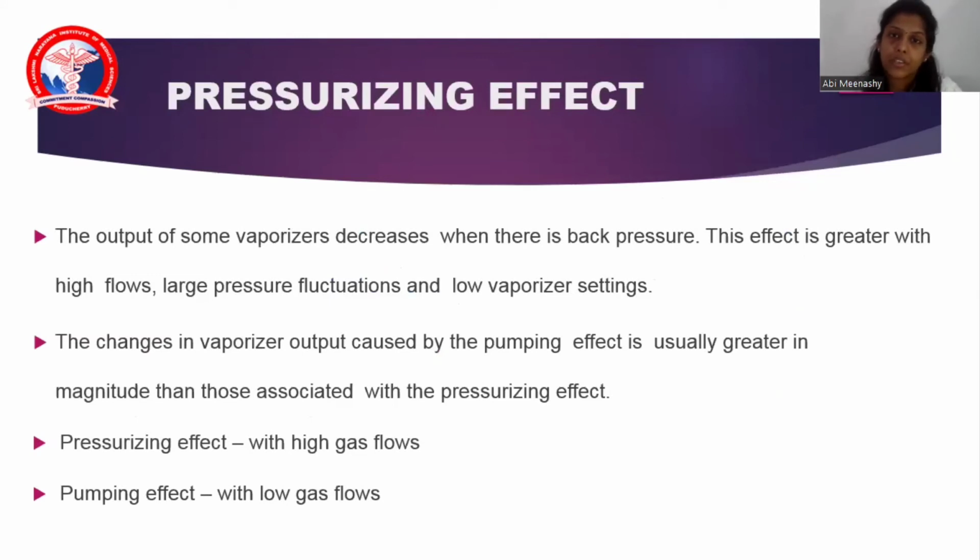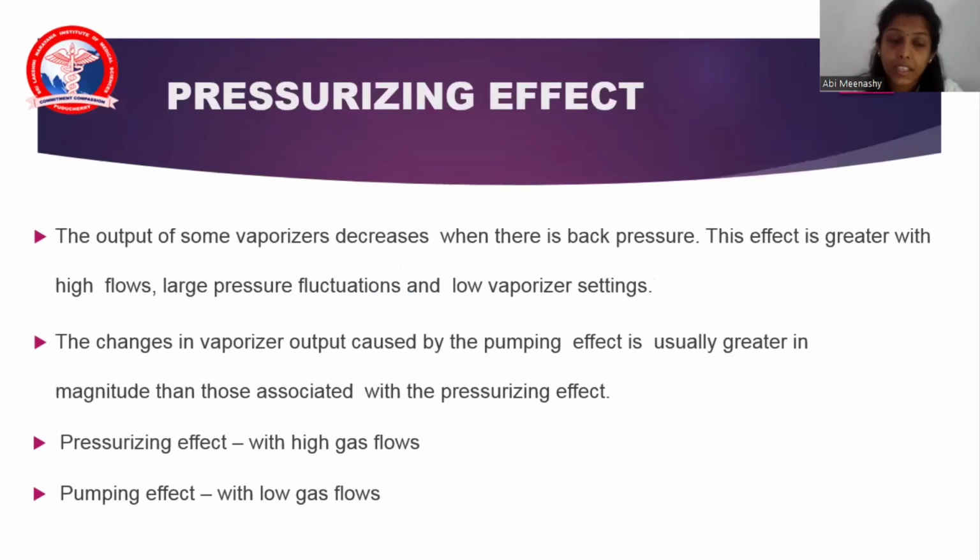Okay, next is the pressurizing effect. Like I told you, in pumping effect, the output will be higher than what is desired. In pressurizing effect, the output will be lower than what is desired. In pressurizing effect, the output of some vaporizers decreases when there is back pressure.